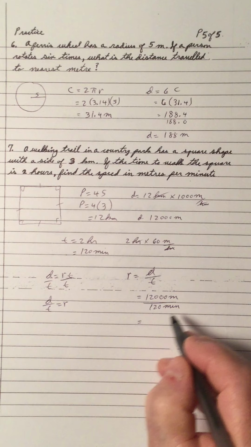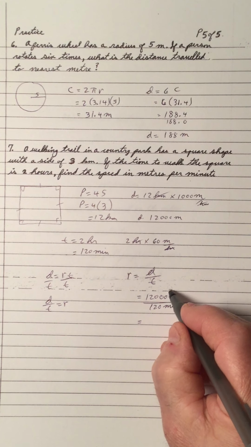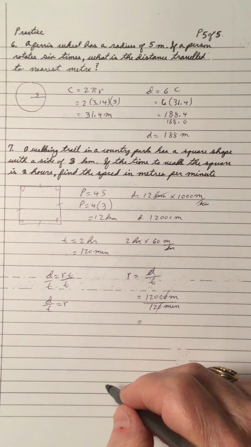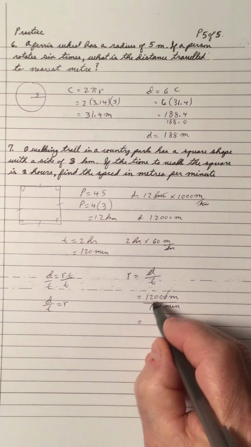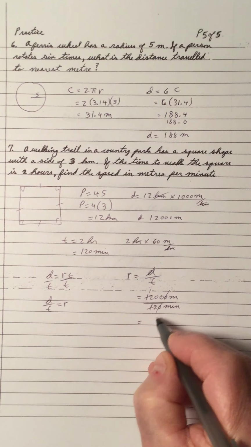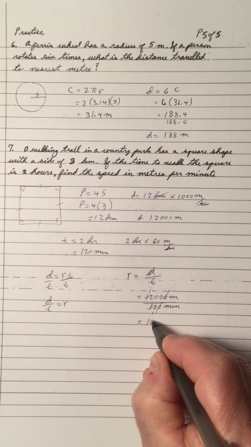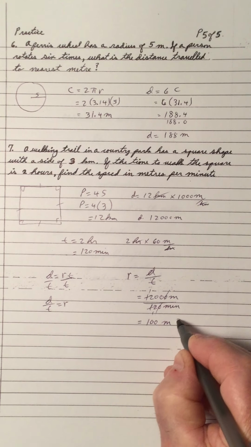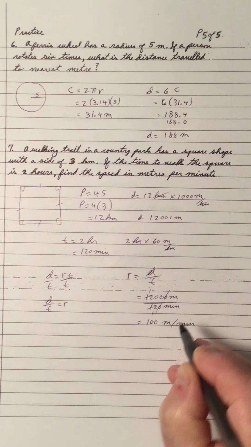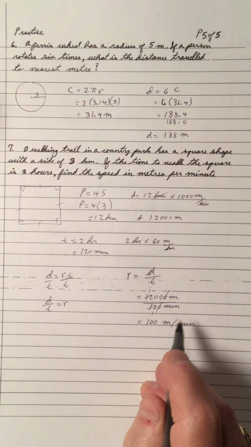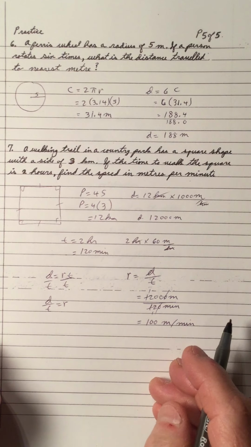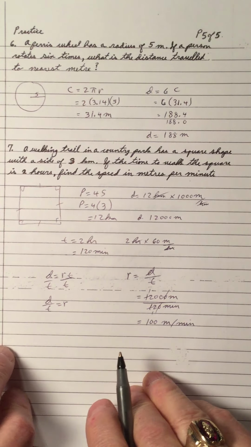So we divide this out, cancel the zeros because you're dividing top and bottom by 10. And 12 into 12 goes once. So we get 100 meters per minute is the rate that the person is walking. 100 meters per minute walking around the square in the country.